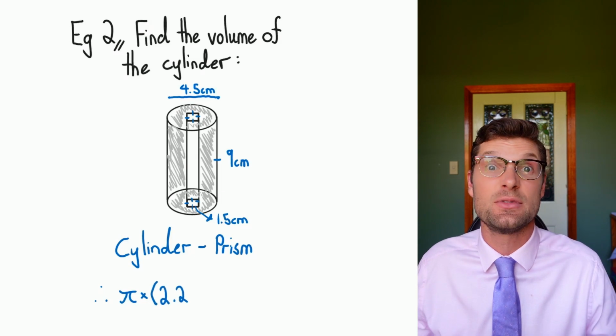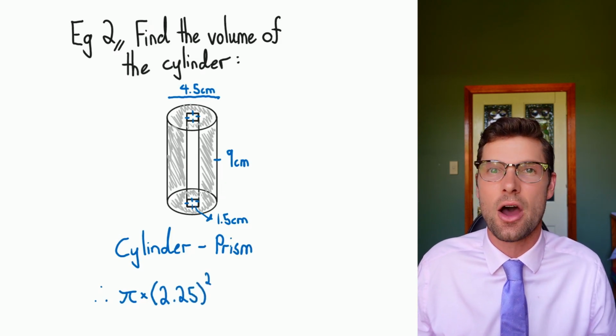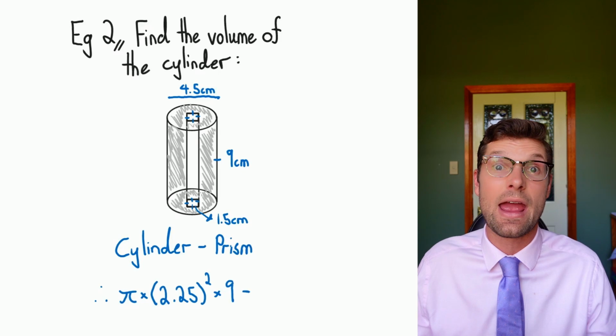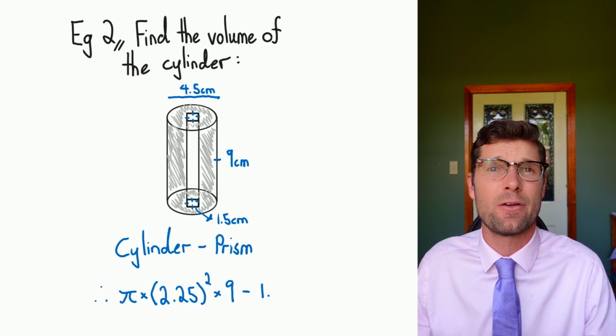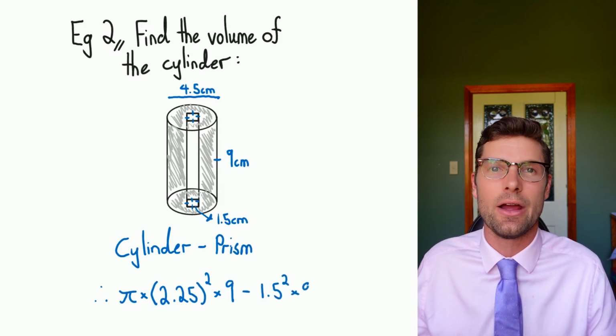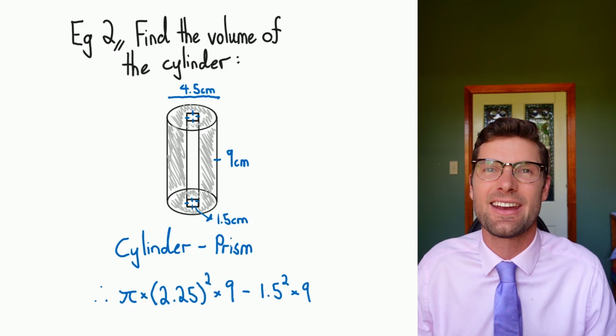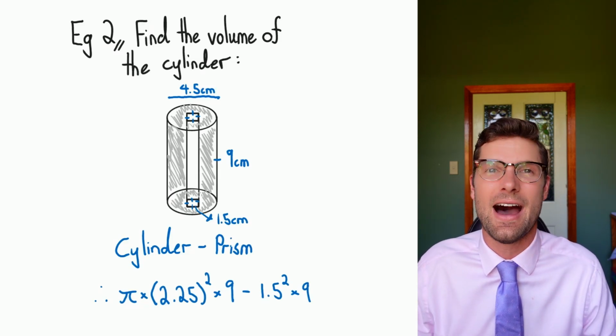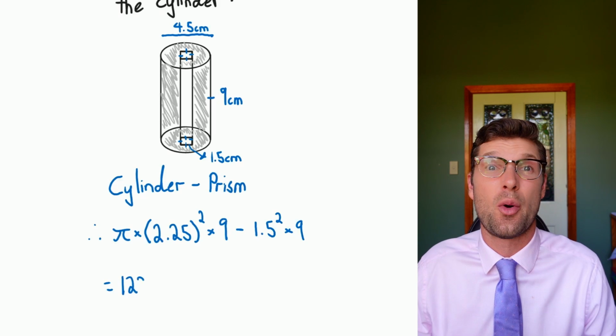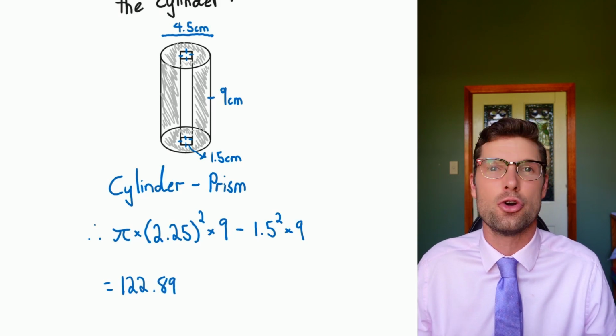So that's pi times 2.25 squared times 9 minus, that's a square of 1.5 at the bottom, so 1.5 squared times by 9. Again, you just throw it into your calculator, you get the right answer, and you get a few marks. This is equal to 122.89 centimeters cubed, and you're done.